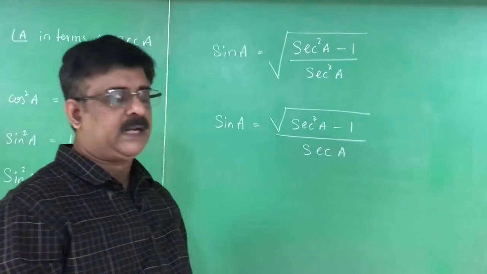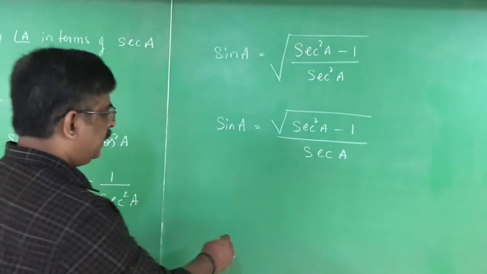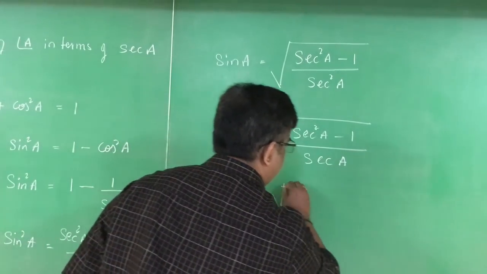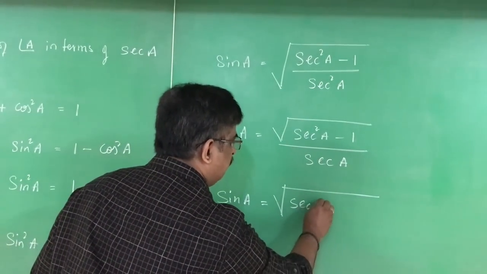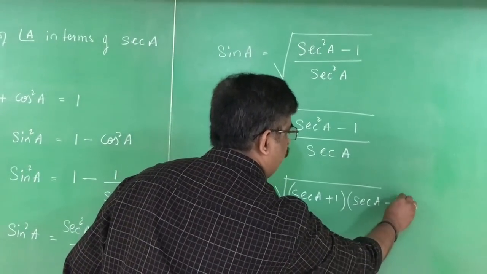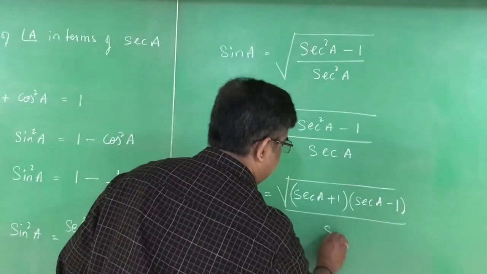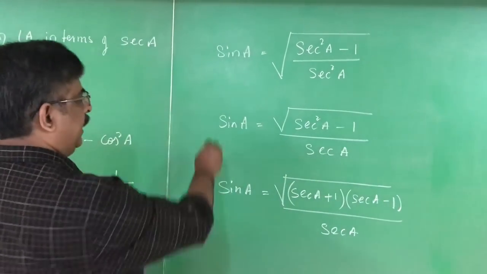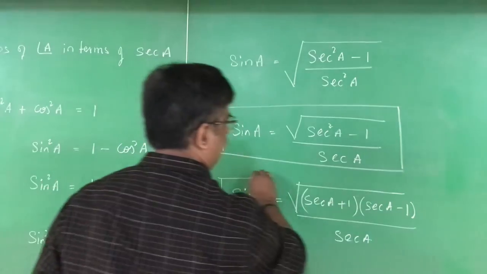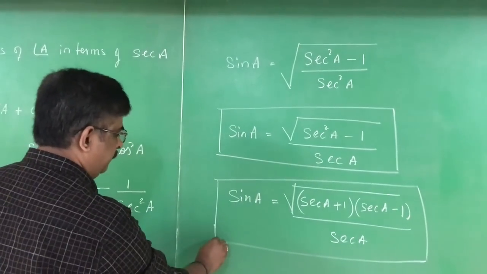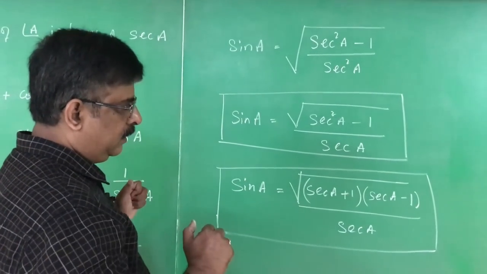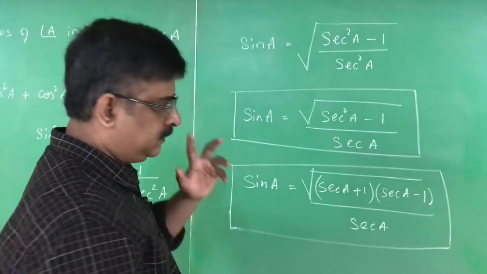A square minus B square can be written as A plus B into A minus B. Therefore, I can write this as sin A equals square root of secant A plus 1 into secant A minus 1 whole divided by secant A. I can keep it like this also, or like this. This is a better method. See, if you are able to understand all this, I tell you, you can easily take science in the PUC classes.